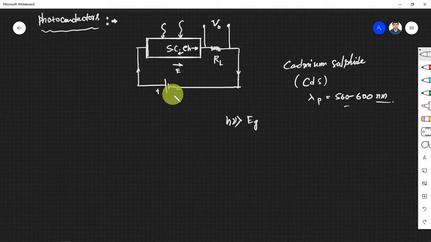We know that if there is an excess carrier, the conductivity of this device will increase and the resistance will drop, so the voltage across V0 will decrease, right?